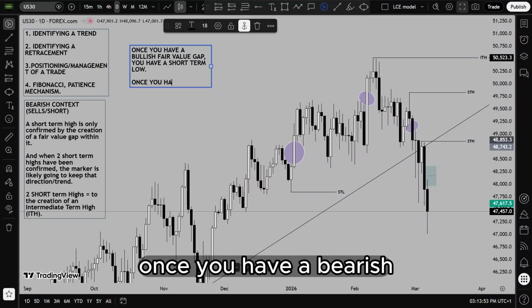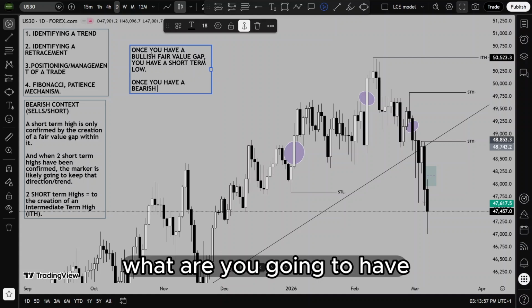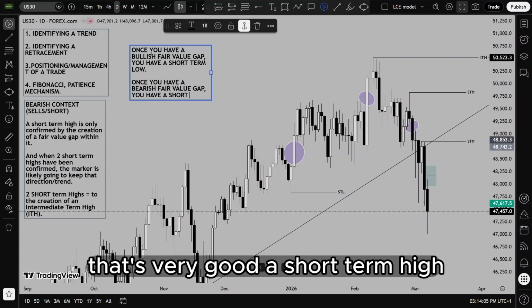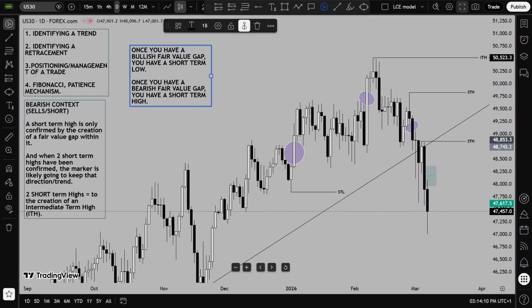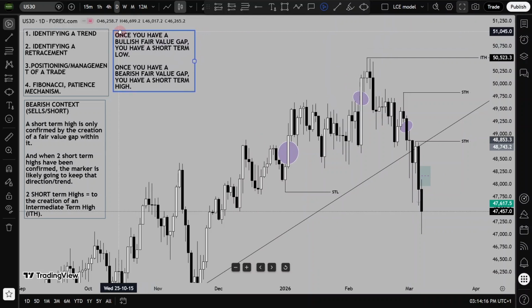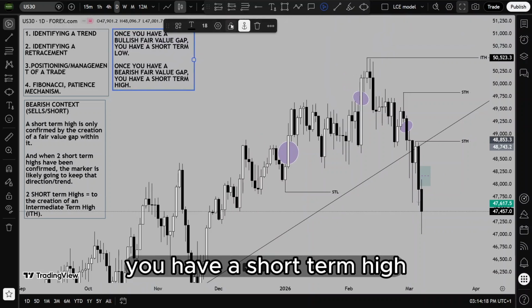Once you have a bearish fair value gap, what are you going to have? You have a short-term high. That's very good. You have a short-term high.